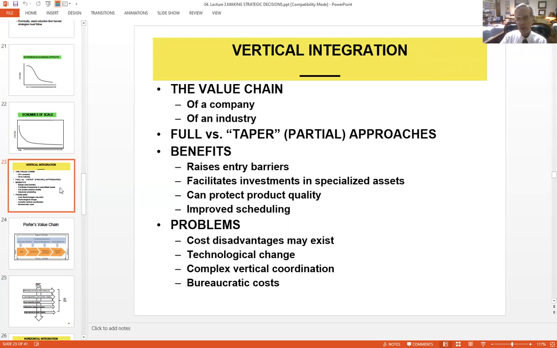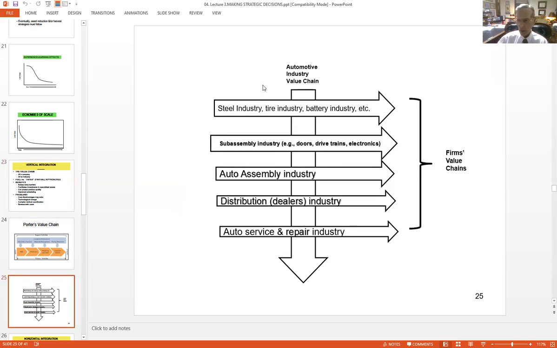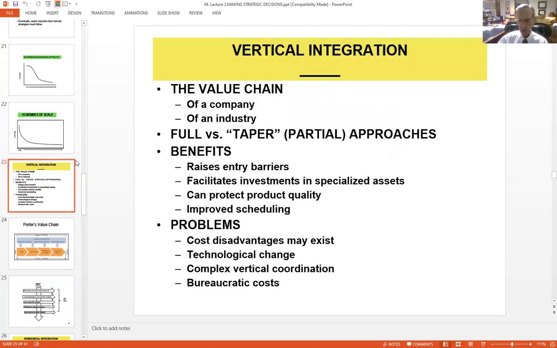So we can have a value chain of a company or of an industry. We can integrate by acquiring other companies. And if we do it vertically, that means that we're acquiring companies that either supply our company or sell our products. That's doing a vertical acquisition or a vertical merger.